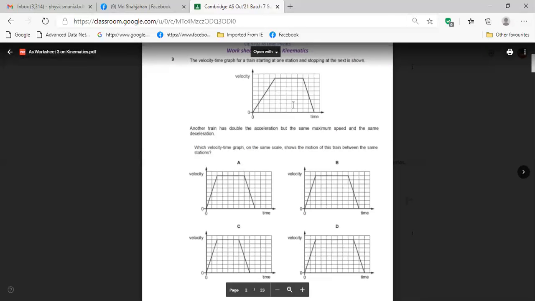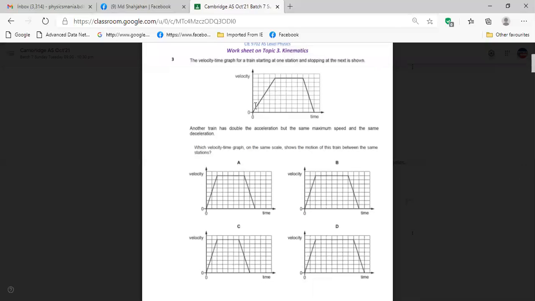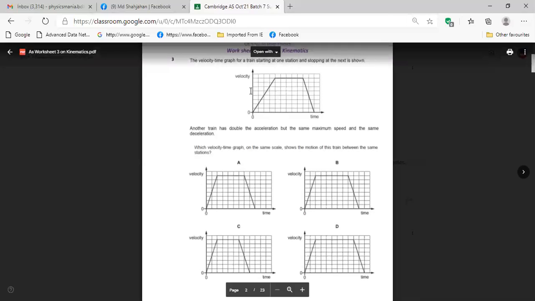Then we have this vertical, here we have 8 meter per second. Now this one we can think of as the height of the trapezium, right? Now the other two, a and b, we can find.